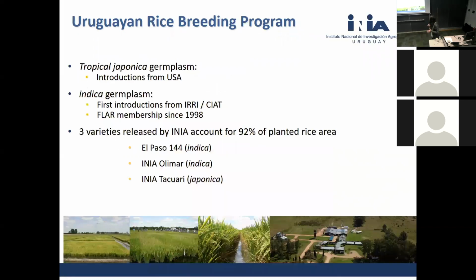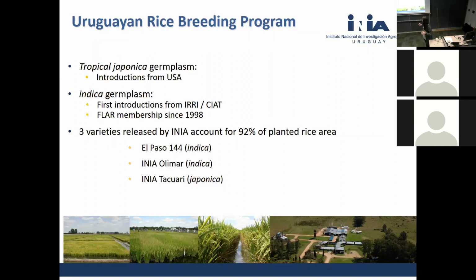As I said, the high-yielding varieties from Uruguay were developed by INIA, which is the National Agricultural Research Institute in Uruguay, and the Uruguayan rice breeding program belongs to INIA. This breeding program is divided into 2 main breeding programs: the tropical japonica breeding program and the indica breeding program.